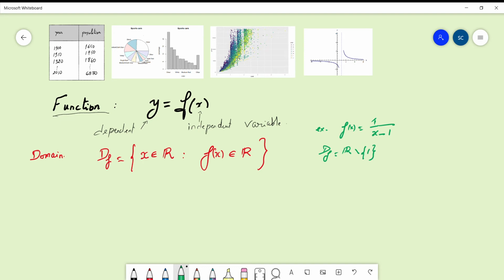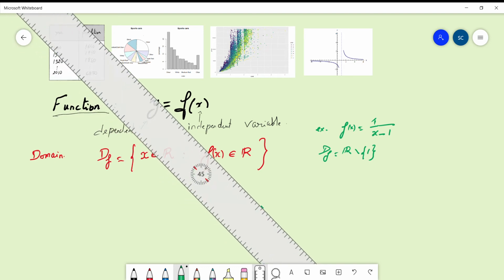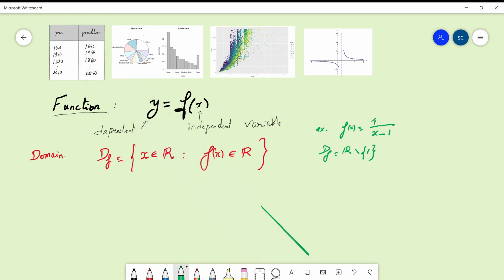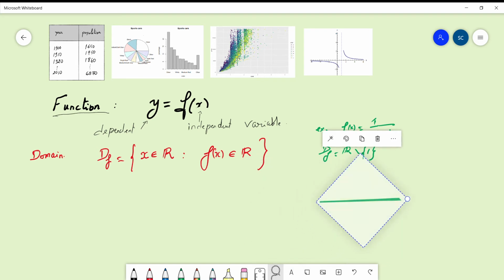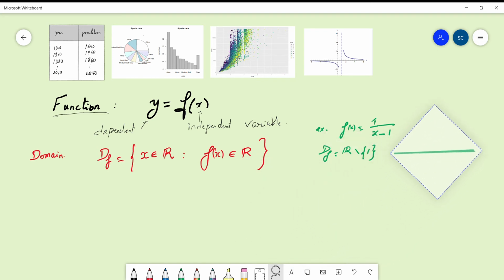If you use the real line, here is my line of real numbers.